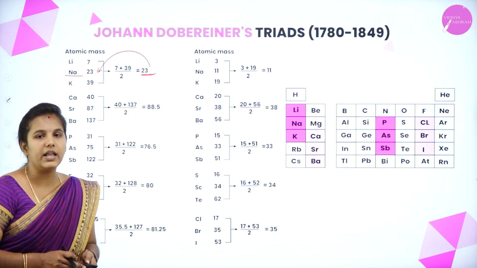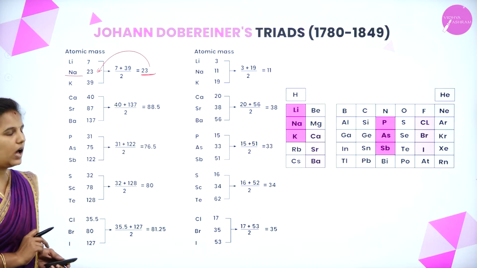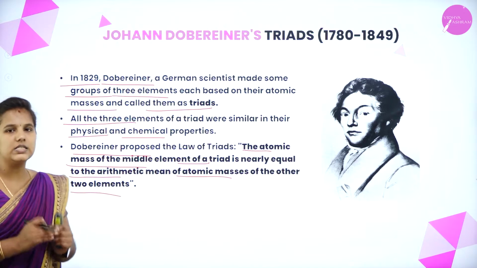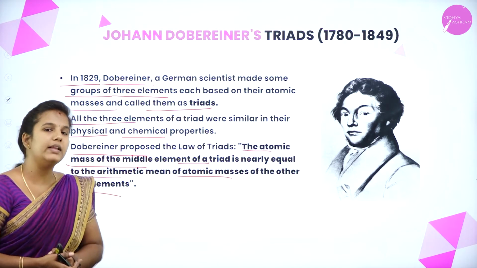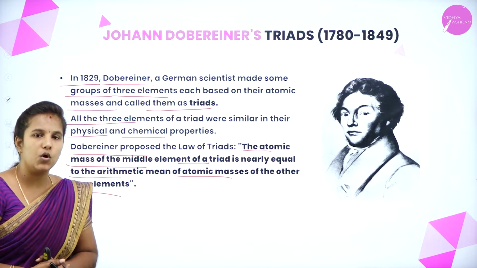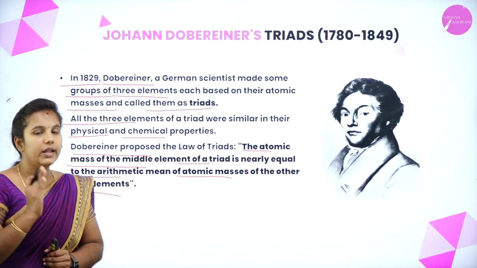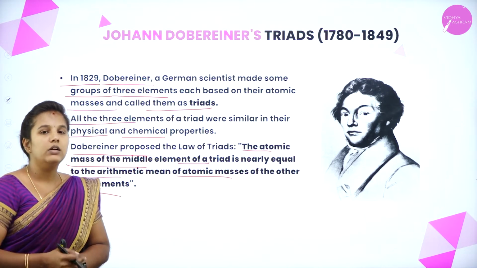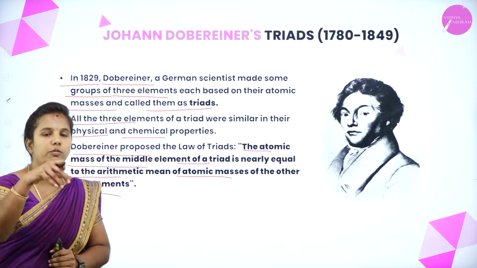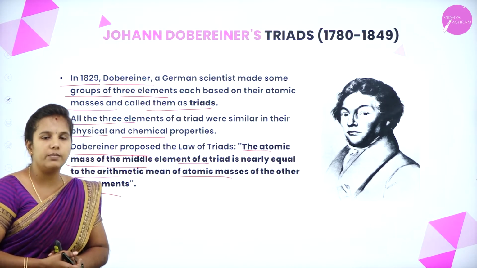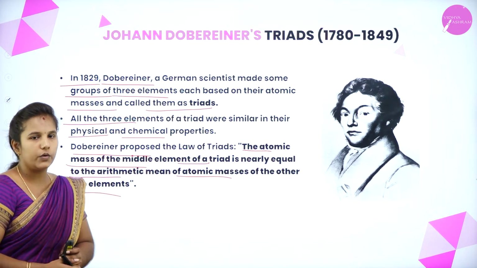This is how Döbereiner displayed the elements based on his own law. He is the one person who grouped three elements and called them triads.